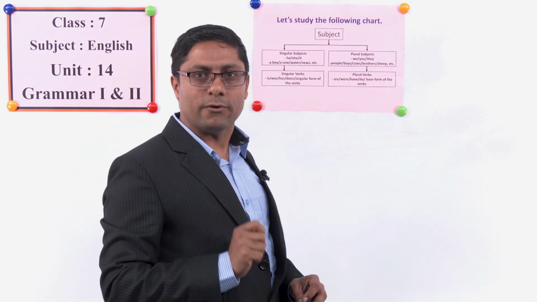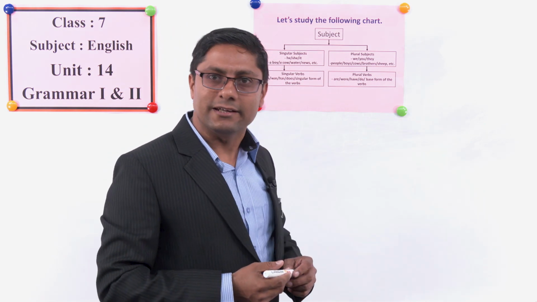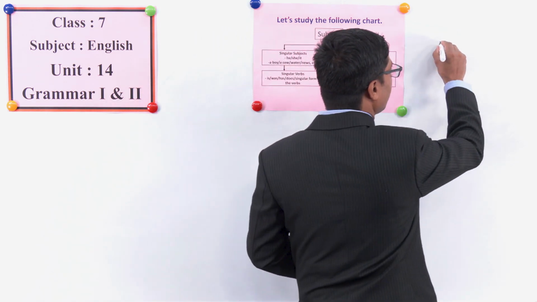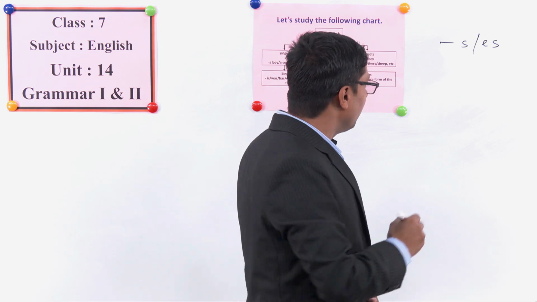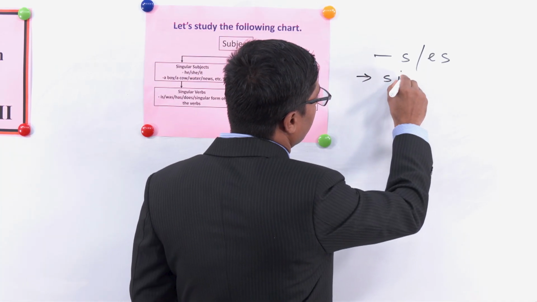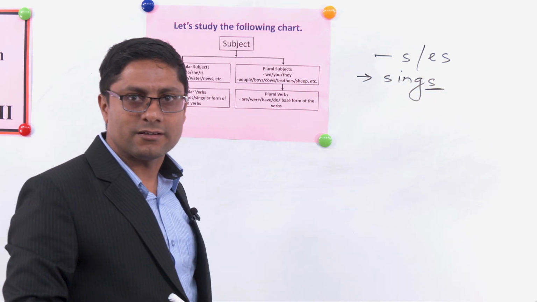Dear students, when we say singular form of the verbs, we add s or es at the end. We add s or es. For example, we say sings. See there, we do have s at the end.